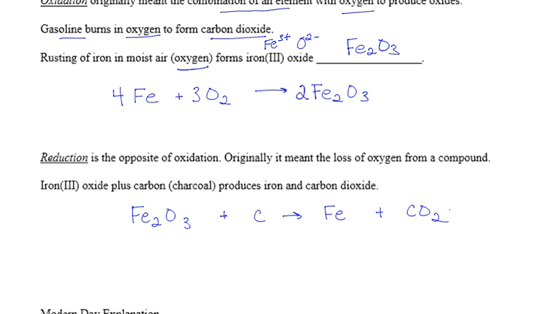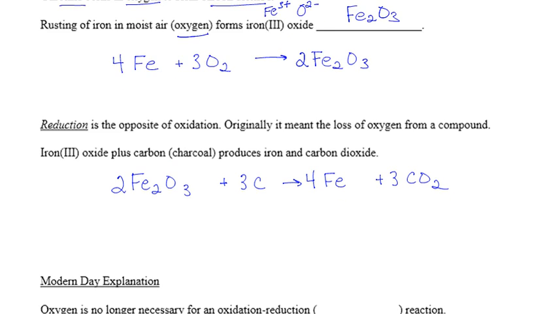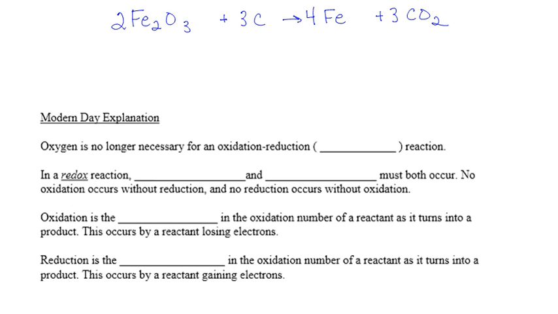So if we do a quick check here, again, we have 2 and 3 oxygens, so a 2 in front, a 3 in front, 3 carbons, 4 irons. So oxidation was gaining oxygen. Reduction was the losing of oxygen.